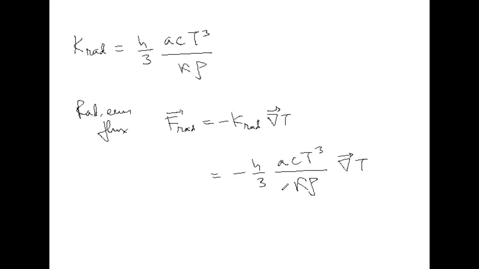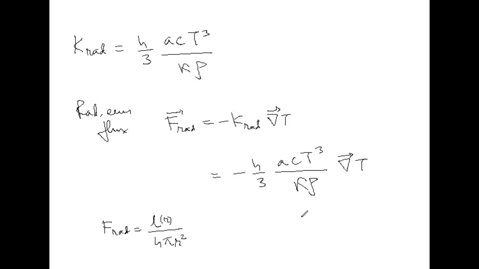Now you see in a spherically symmetric star, the flux is related to local luminosity using this relation. Local luminosity, that means luminosity at distance r, sometimes written as small l.